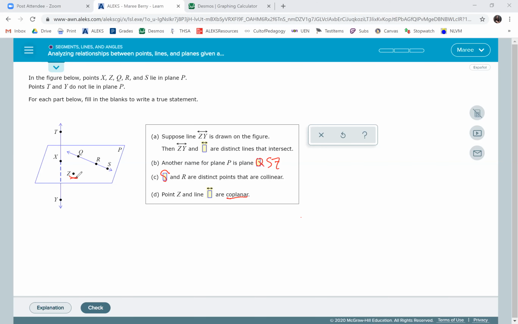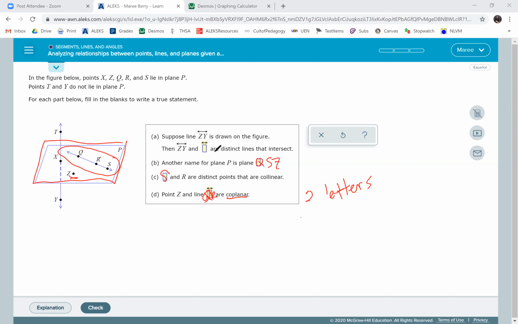So I need a line that's in the same plane as Z. Remember, plane is this blue parallelogram. So this is the only line in it. Remember, you need 2 letters to name the line. So I'm going to pick 2 letters, maybe Q and R.